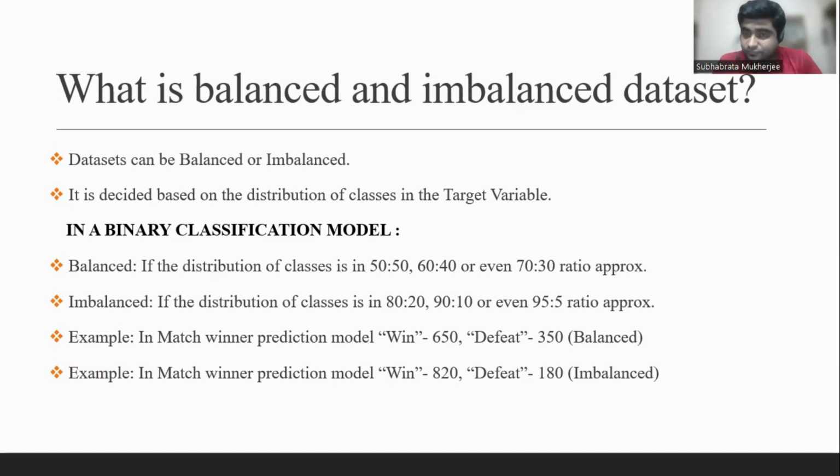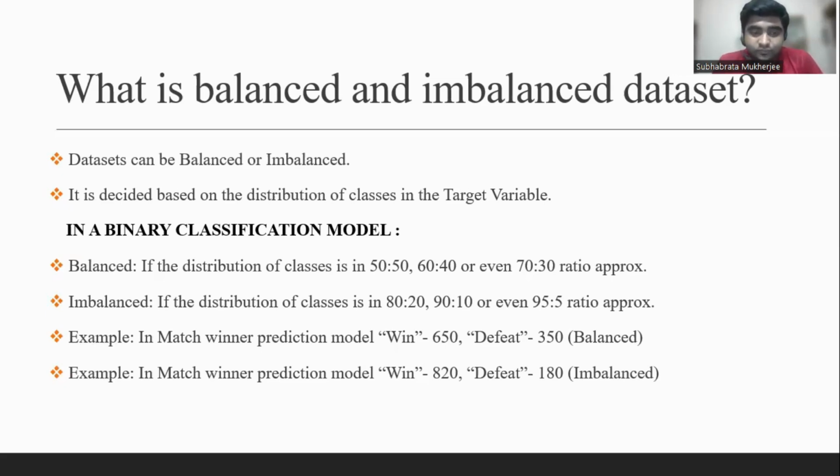But if the distribution of classes in the target variable is 80-20, 90-10, or even 95-5, then obviously this is going to be considered an imbalanced dataset.